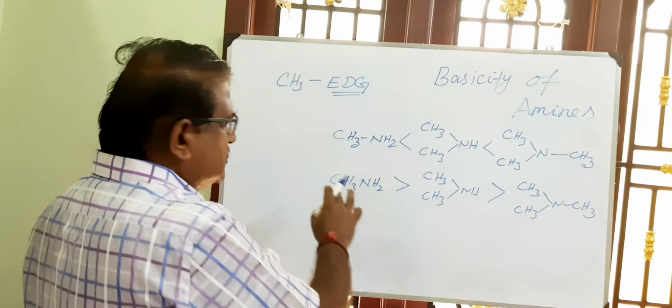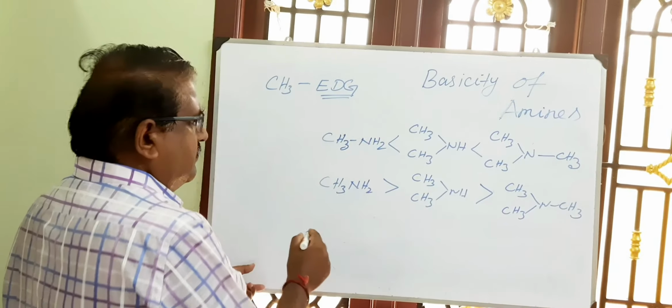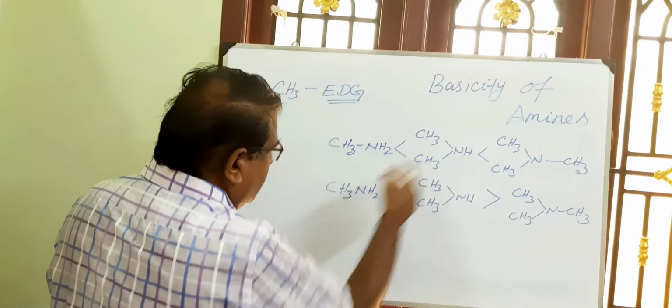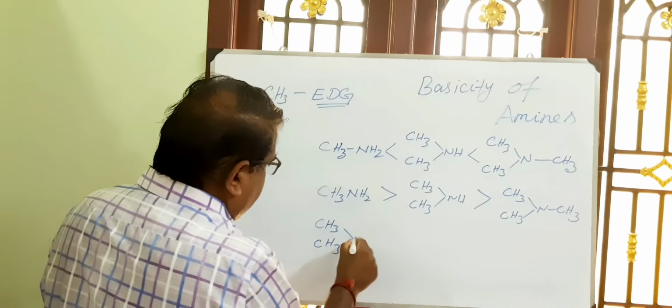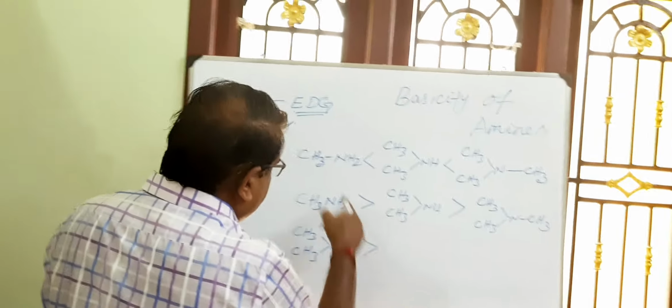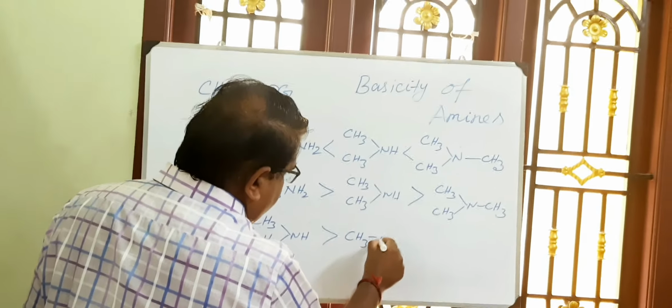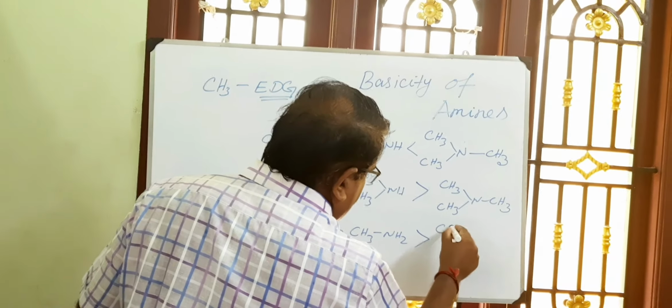So in the case of these three molecules, the actual basicity order is: the strongest base is dimethylamine, (CH3)2NH, which is stronger than methylamine, CH3NH2, and this is stronger than trimethylamine.